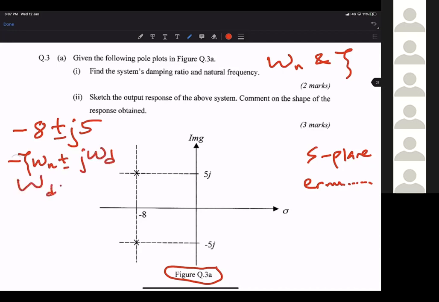Omega d is 5. Omega n and zeta, Syahira? Soleha, omega n and zeta. What is this? Oh, origin.